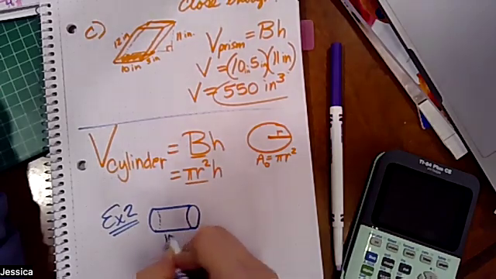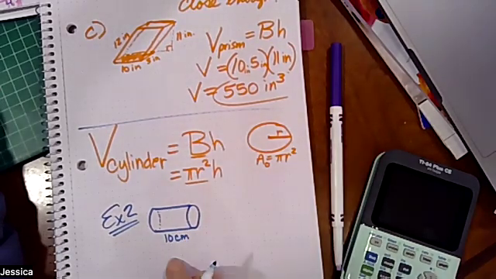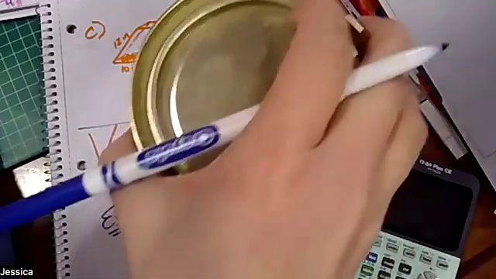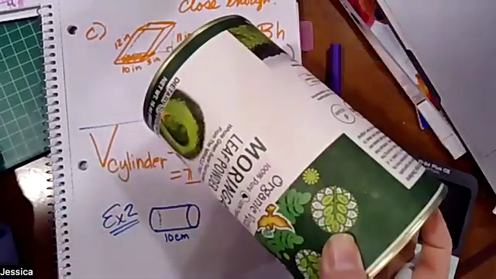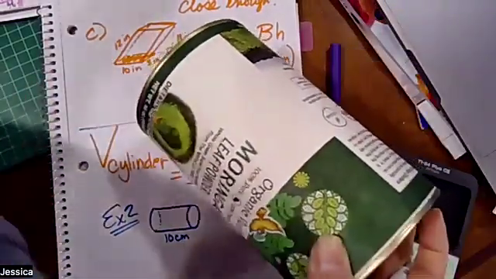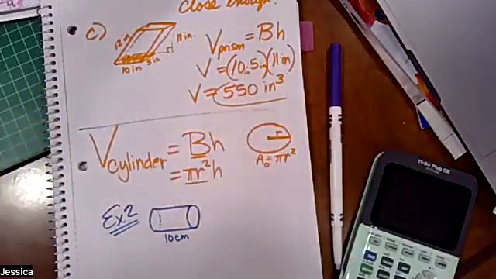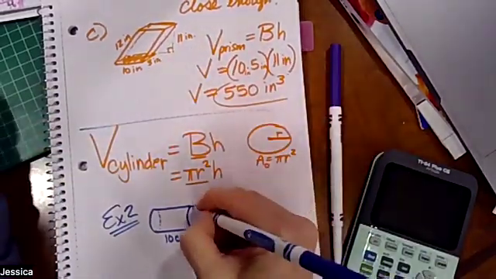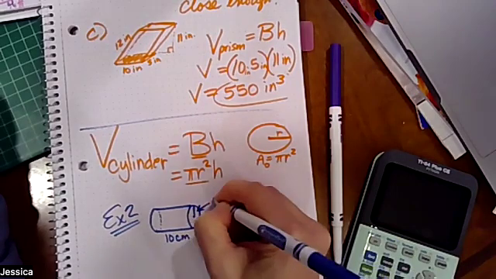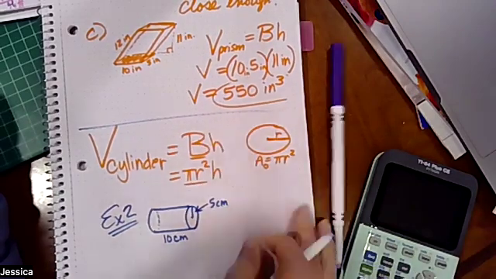For this one, your height is 10 centimeters because again, it's like your cylinder has been laid over on its side. Okay, still the base, but just laid over. And then this is 5 centimeters right there.